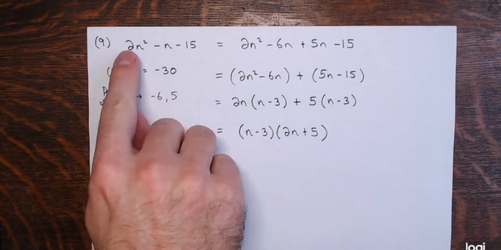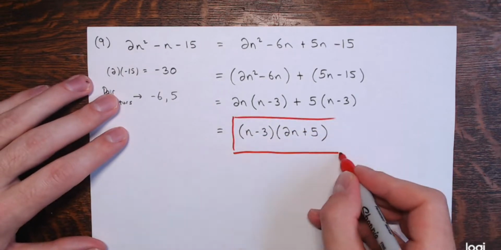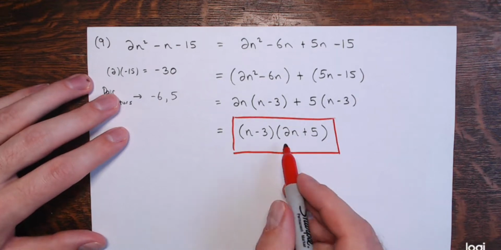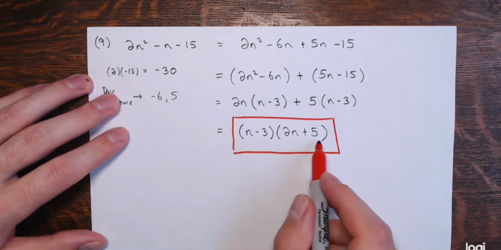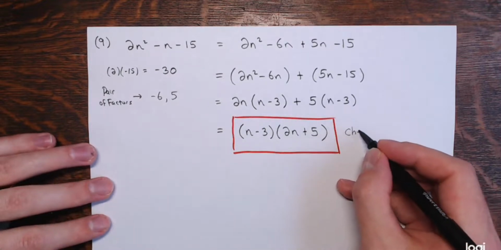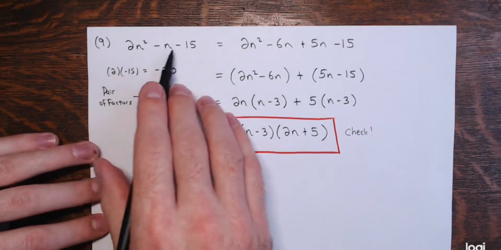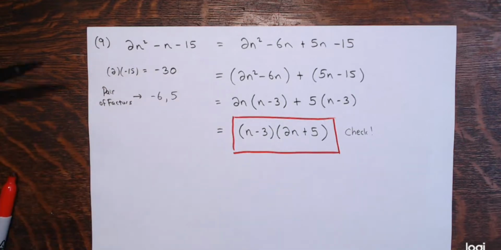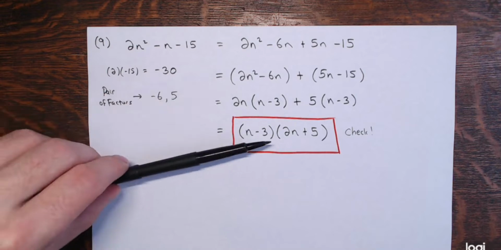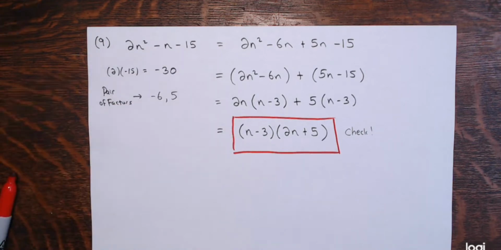So 2n squared minus n minus 15 is equivalent to this product, the factored form, n minus 3 times 2n plus 5. And once again, please don't forget to check your work. Multiply these and see that you get the original expression back.